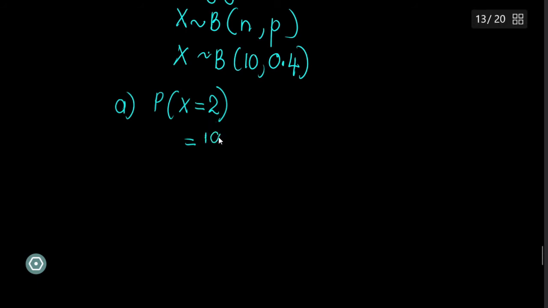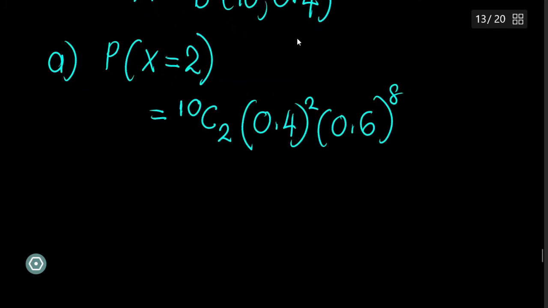Total n is 10, 10 C 2, success is 0.4 to the power of 2, 0.6 to the power of 8. Okay, so now let's calculate. Key in carefully, 10 C 2 times 0.4 to the power of 2 times 0.6 to the power of 8. So we get in decimal 0.1209. We stop here. So easy, the first one is doable.